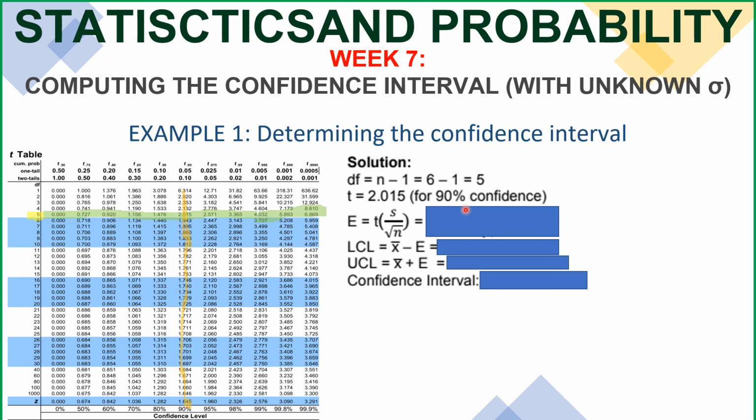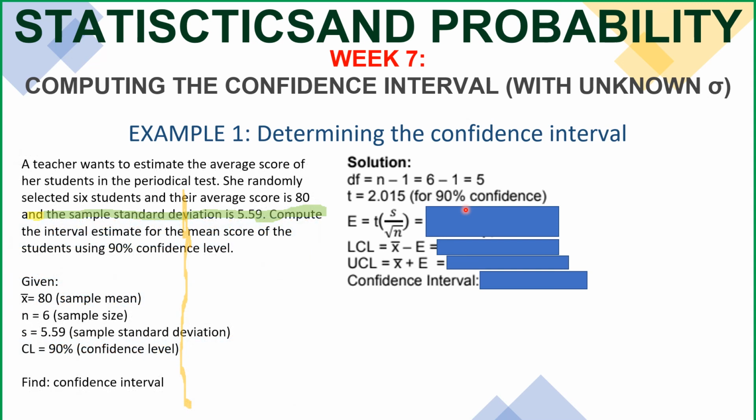May sample mean naman tayo. So, burahin na natin to pala, since nakuha na natin yung t-score natin. Ayan. So, margin of error na tayo. Compute na natin yung margin of error. We have the formula t multiplied by the sample standard deviation all over square root of the sample size.